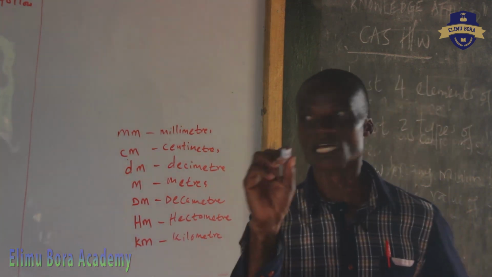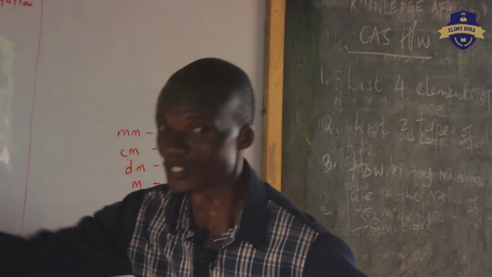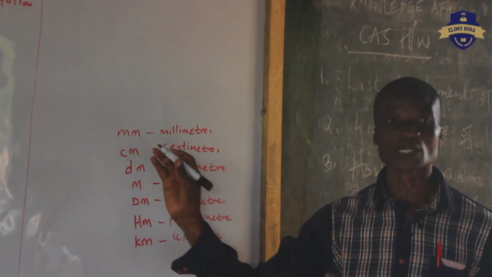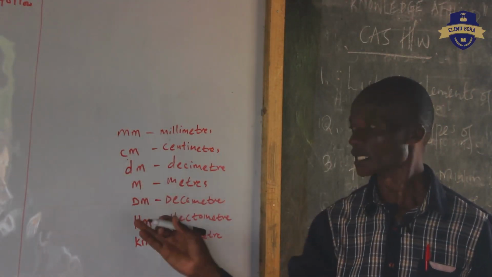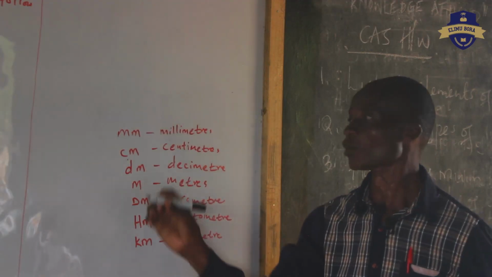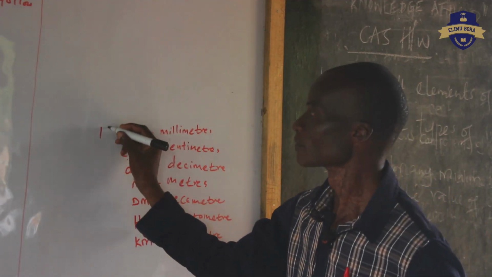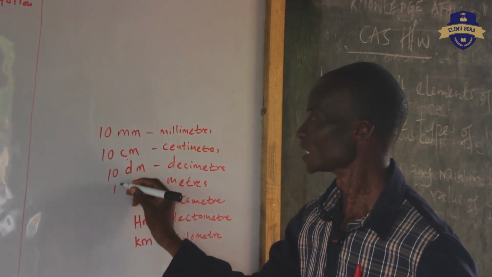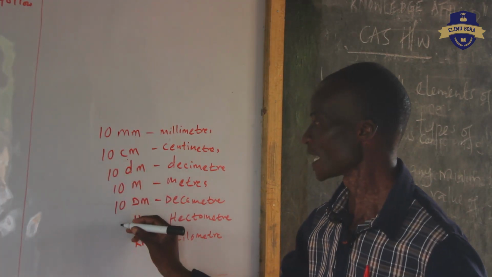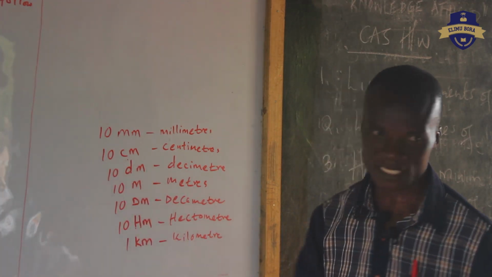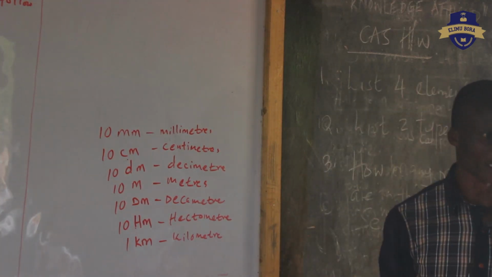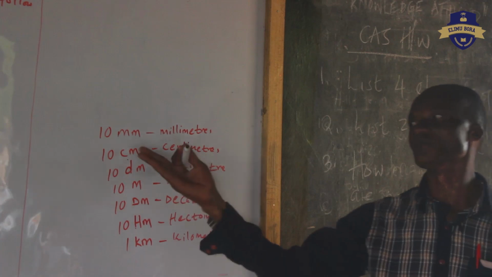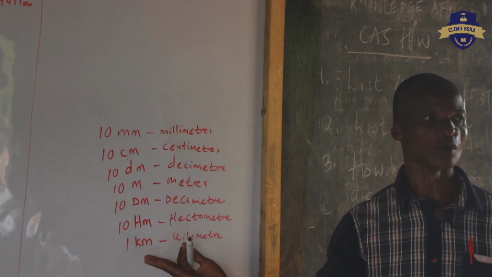Now, I want us to see the relationship between those units. If you want to relate any of these, we are going to involve the number 10, 10, 10, 10, like that. So let us look at that. Somebody will ask you, we want to convert from centimeter to what?